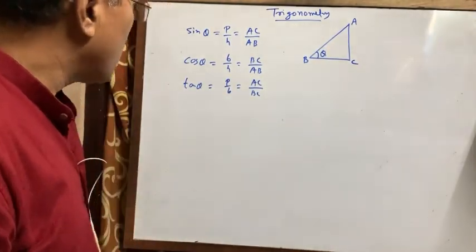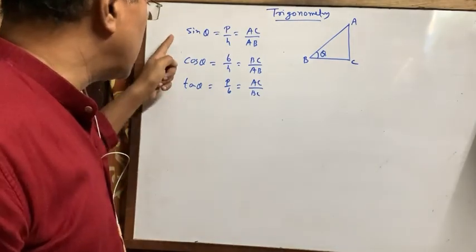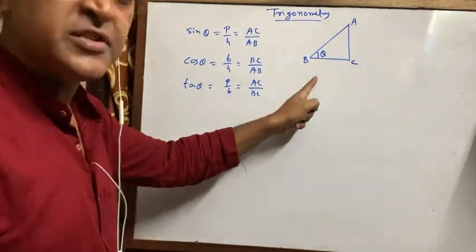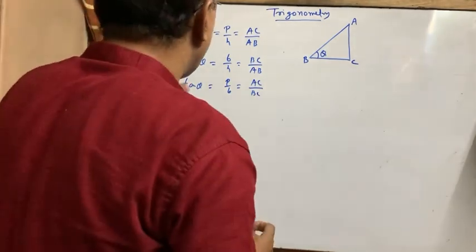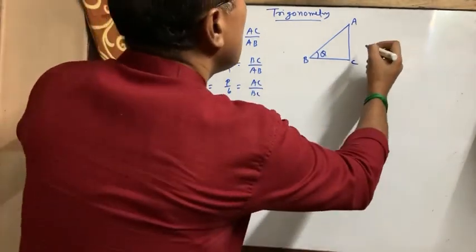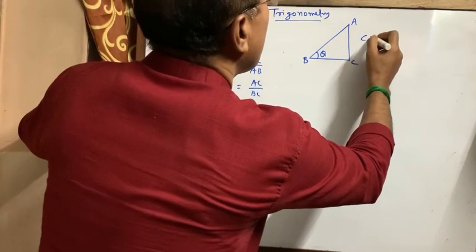So far we have come to know about sin theta, cos theta, tan theta, where theta is this acute angle, isn't it? Now reciprocal of sin theta is cosec theta.